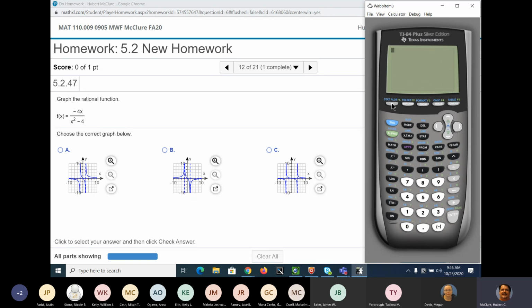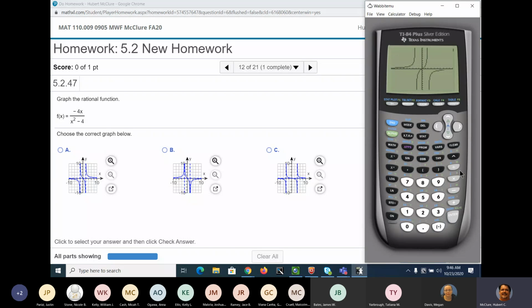So y is equal to, let me delete this one, parentheses, negative 4x, close parentheses, divided by parentheses, x squared minus 4. And graph.